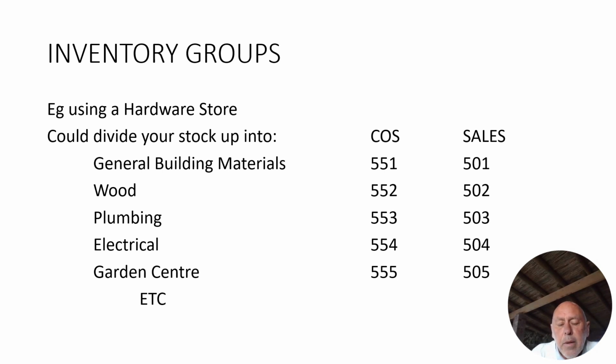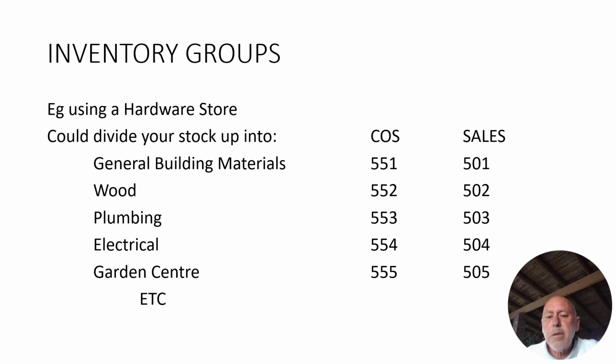If we're linking the stock items that fall into these different groups to these groups, then behind the scenes the computer system is going to generate the accounting entries that post to the separate sales accounts and the separate cost of sales accounts.